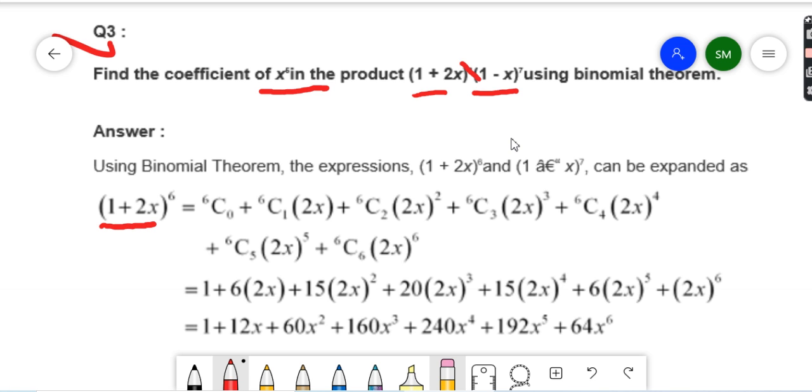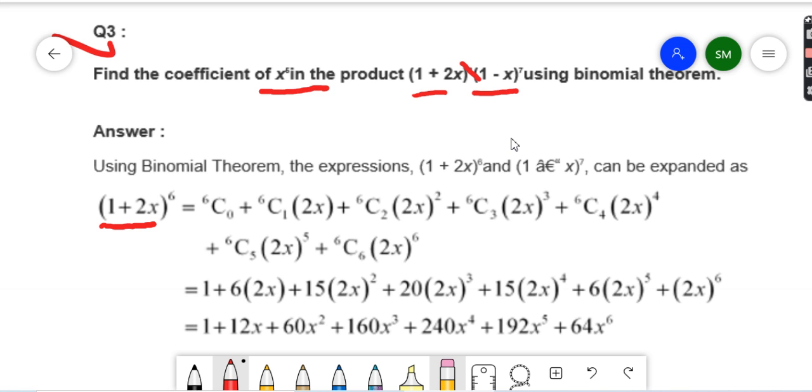So just expand it. 6C0, 6C1, 2x. Now here I am not using the general term formula, the formula we used in exercise 8.2, because here you have to use multiplication. So that formula will not work over here.